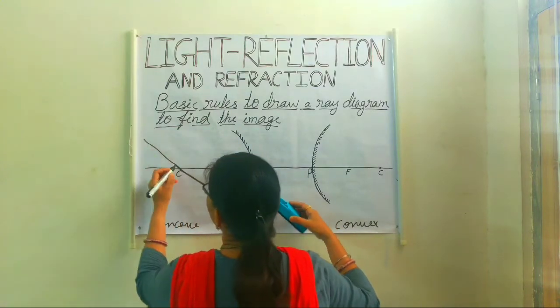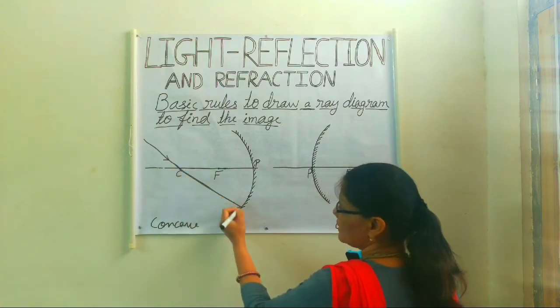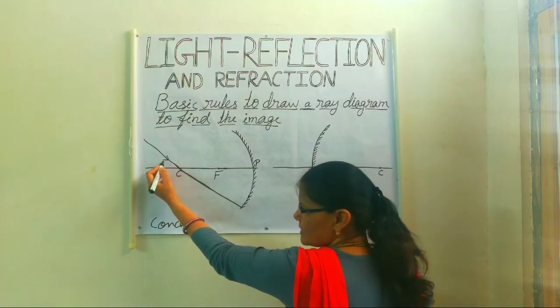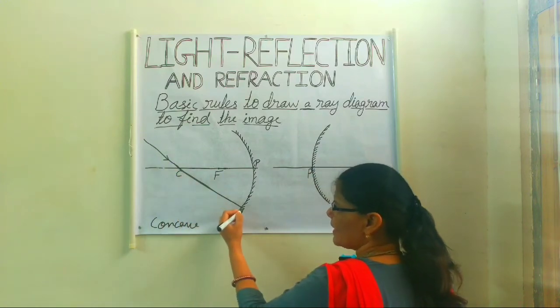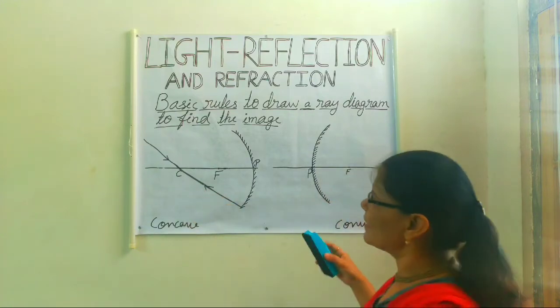This is the incident ray. It passes through the center of curvature and it strikes the mirror. So one arrow should be in this direction. This is the incident ray and the reflected ray will be again in the same path. It will again follow the same path.